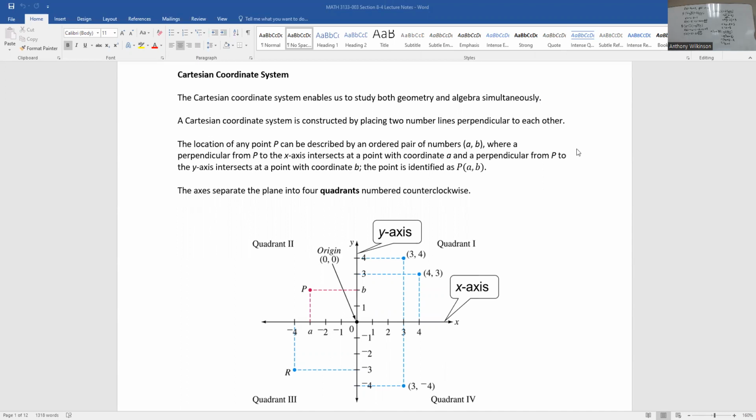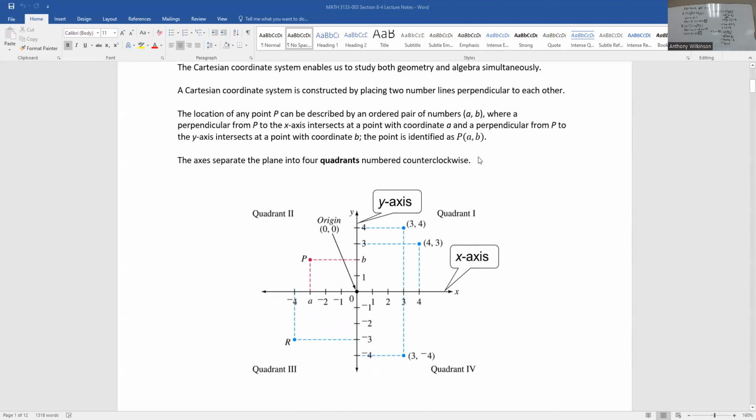Okay, so here's an illustration of what the Cartesian coordinate system looks like. You have two lines, one going horizontally and one going vertically. They're perpendicular to each other, meaning that they form a 90-degree angle.